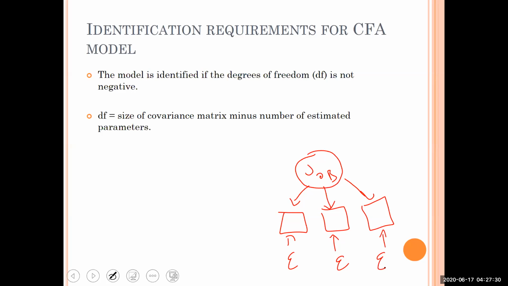And let's say that we decide to set the mean of the factor to 0 and the first factor loading to 1. This leaves 6 parameters to be estimated. Factor loading 2, factor loading 3, and 3 error variances.